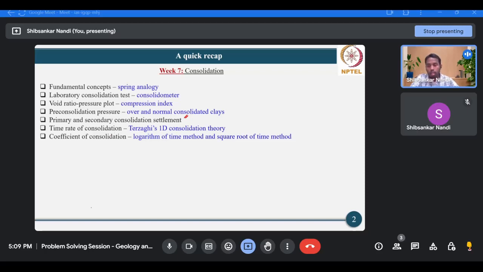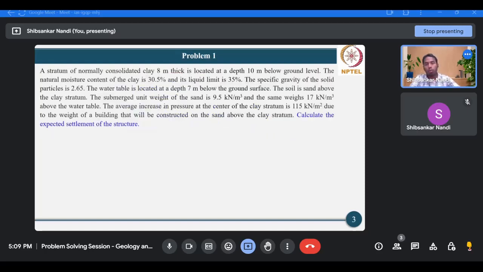In the upcoming session, we'll be solving problems regarding the time rate of consolidation. So in today's session, we'll be solving mainly how to calculate the primary consolidation settlement of a clay. With this, we will start today's session.